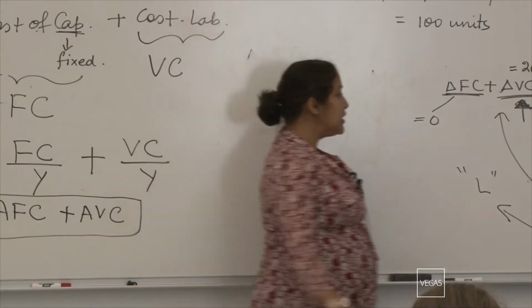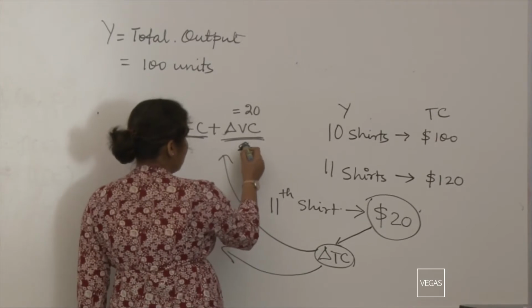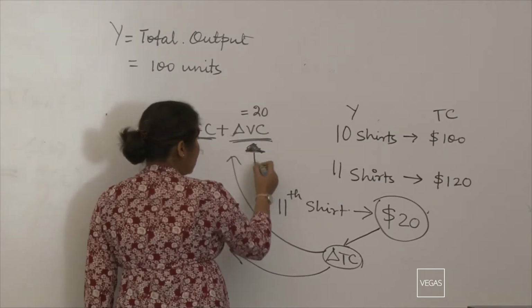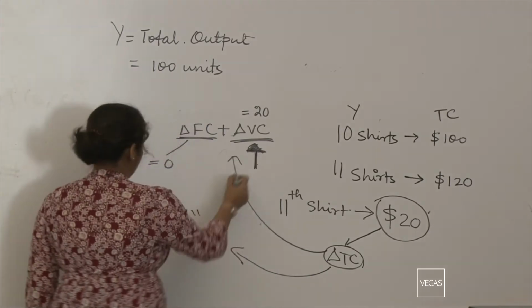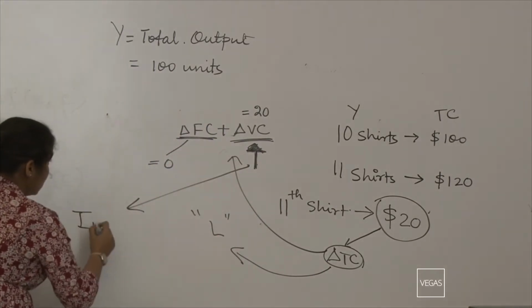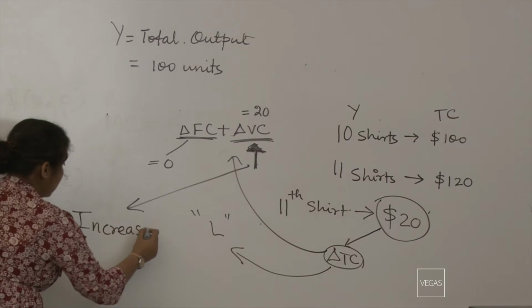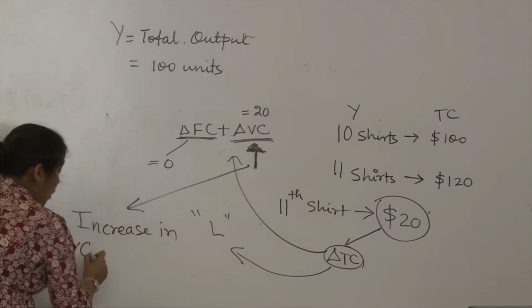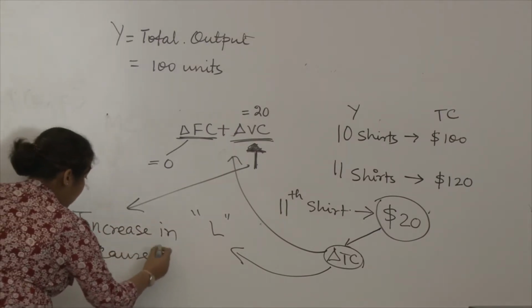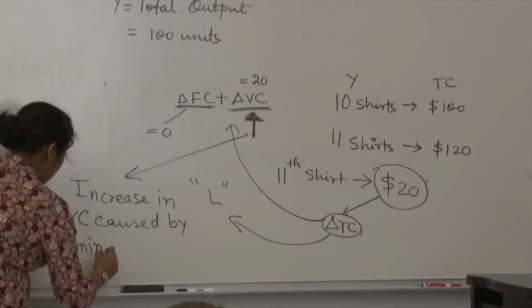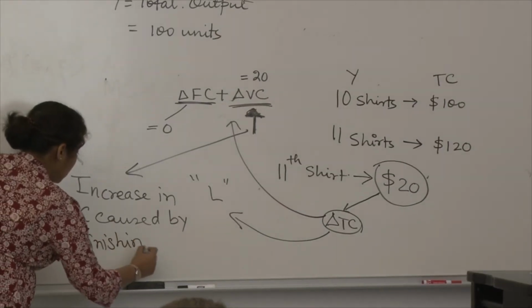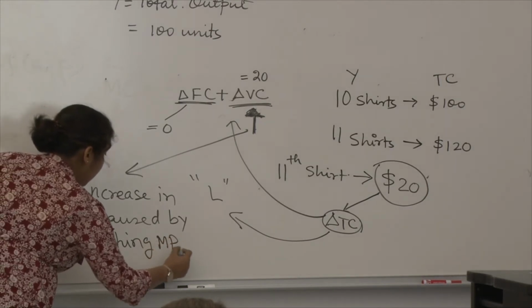So that means this increase in variable cost over time, can I say that this increase is caused by diminishing MPL?